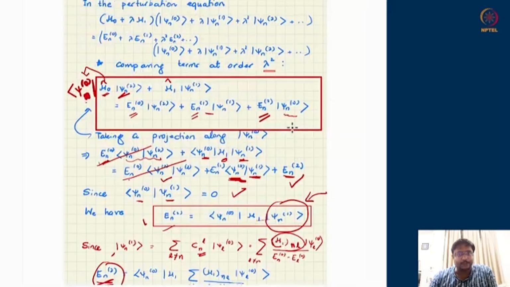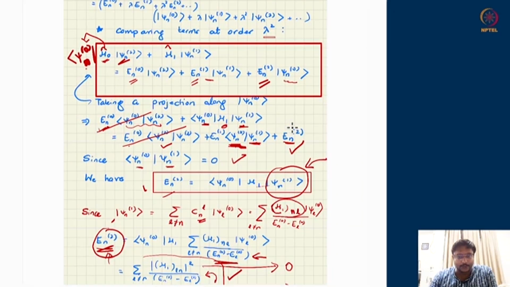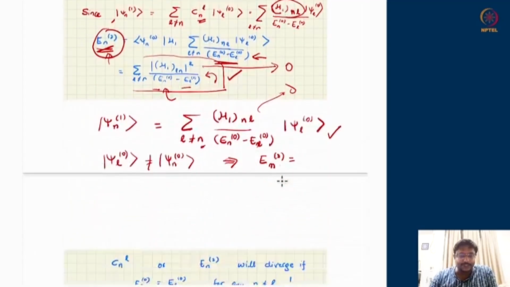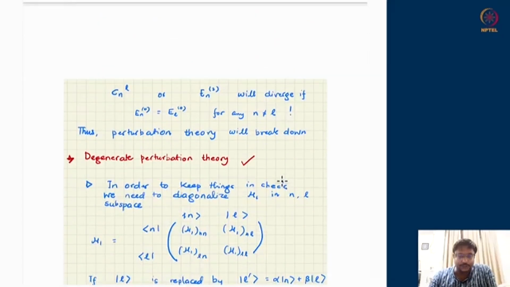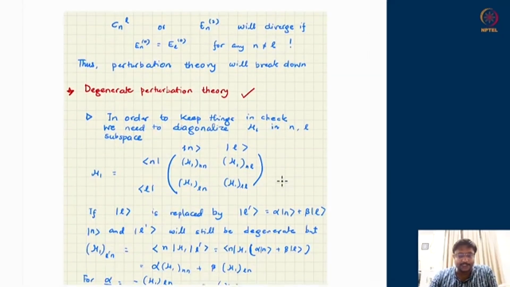If I go back to the genesis of how we computed En2, it was made up from psi N1, and psi N1 involved this H1 NL. If H1 NL is 0, then psi N1 will also become 0, at least for that subsector. So the idea is that we will not panic just on seeing the degenerate states. We will first check whether H1 NL is 0 or not for those states which are degenerate.